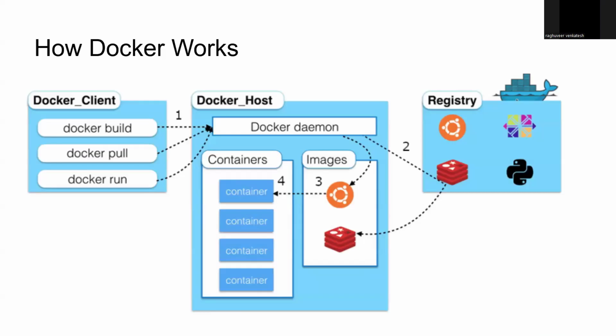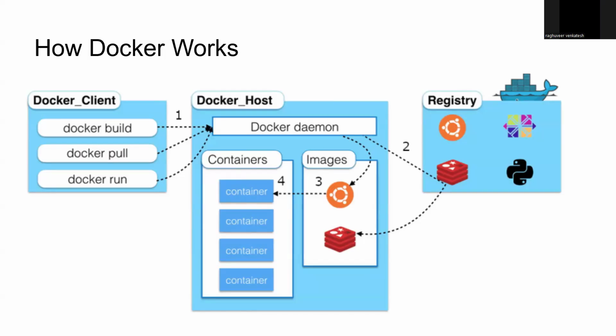So how does Docker work? There's something called the Docker daemon. That is the Docker software which you install. In simple words, the Docker daemon is a program which is running in the background. So you have an image, like Ubuntu as an image, Python as an image.